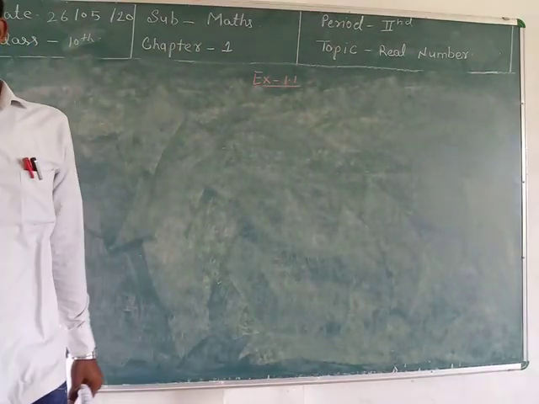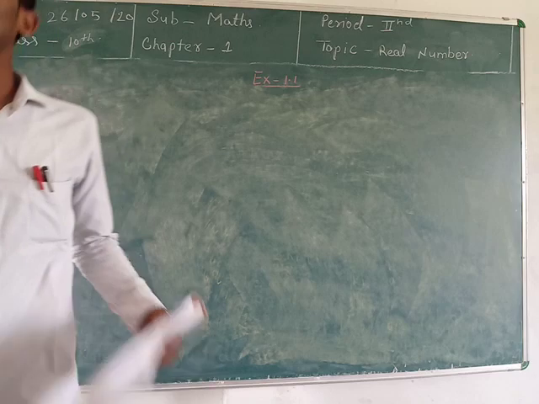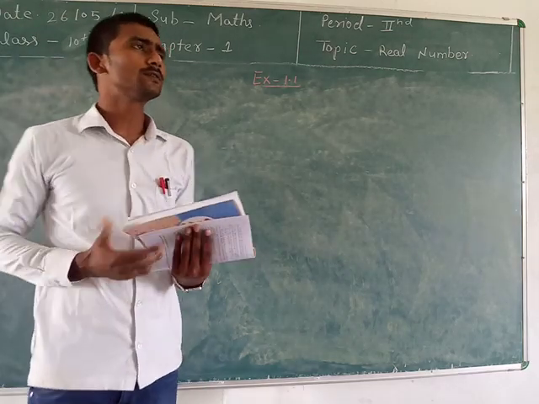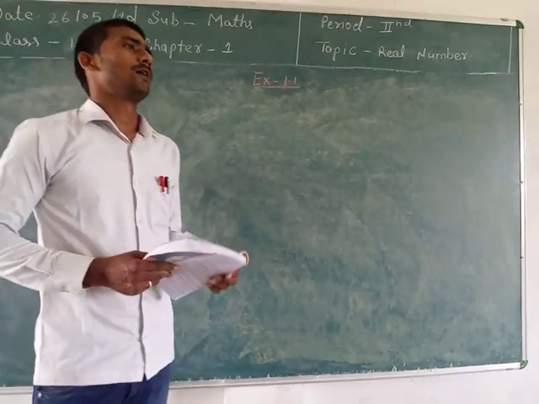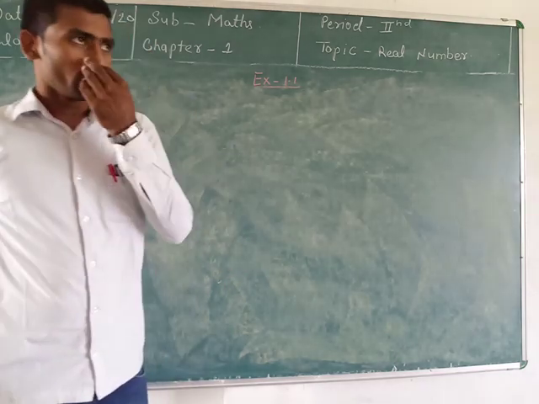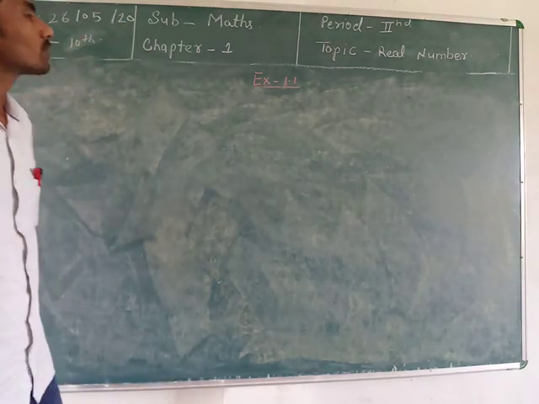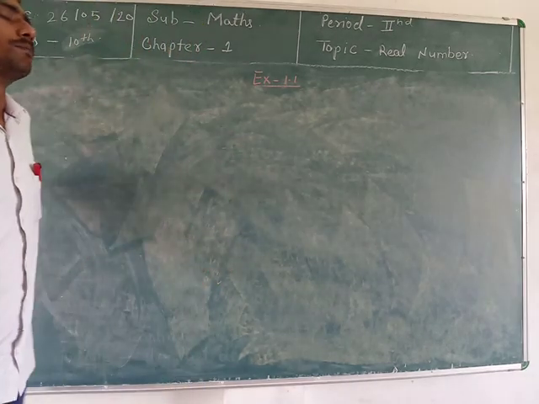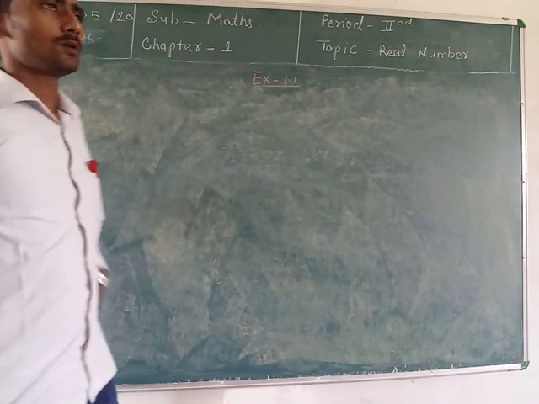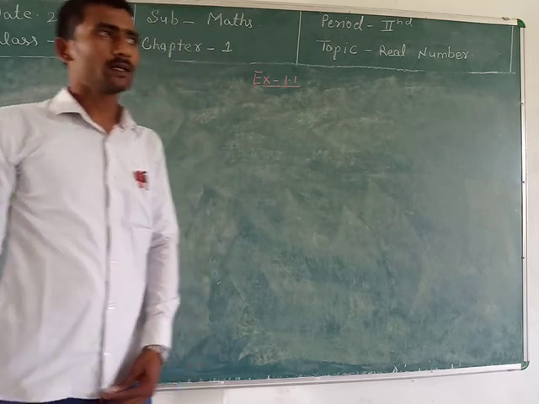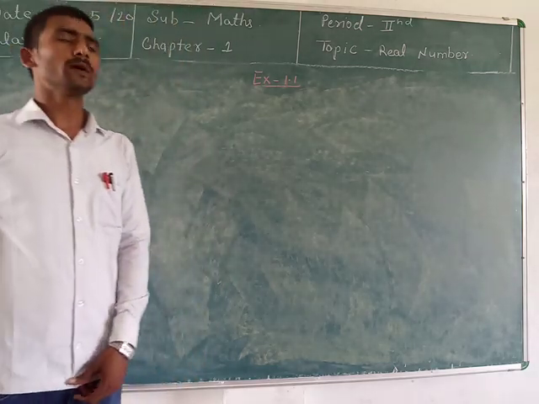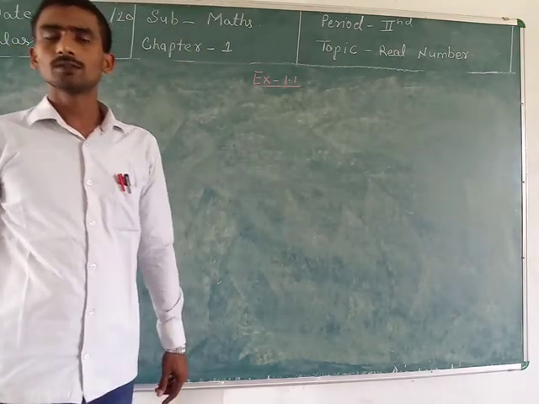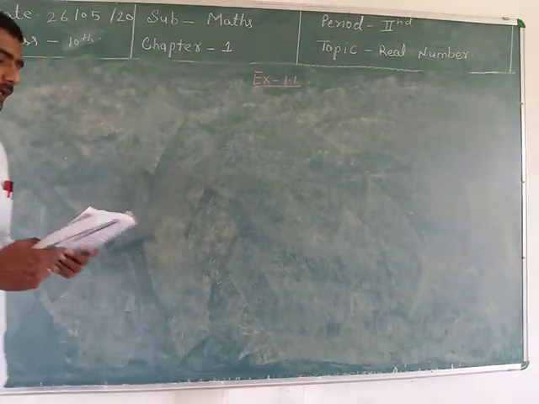In previous classes, class 6, 7, 8, we have learned that if we have to find the maximum number, then we find the HCF, and if we have to find the minimum number, then we find the LCM.